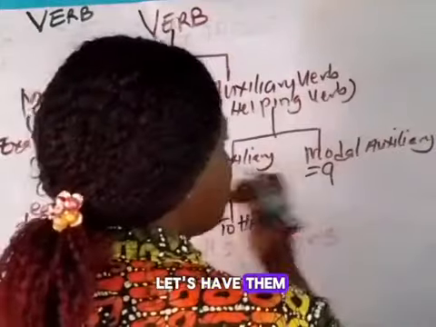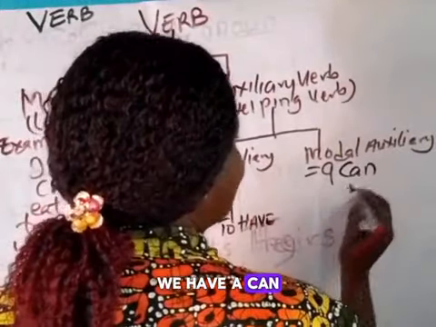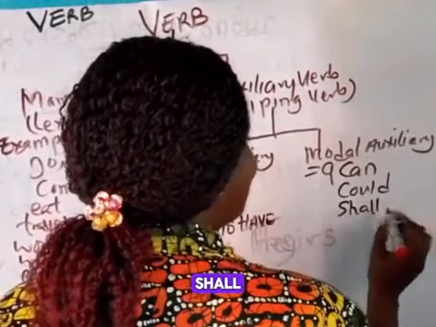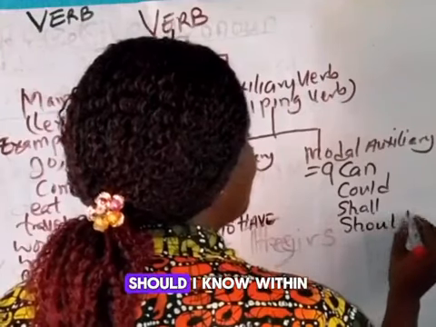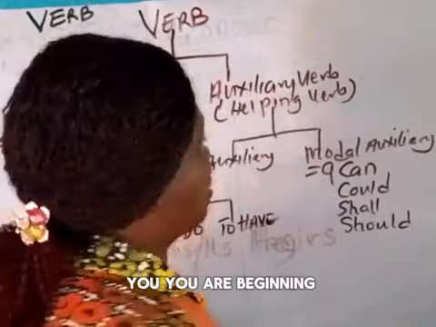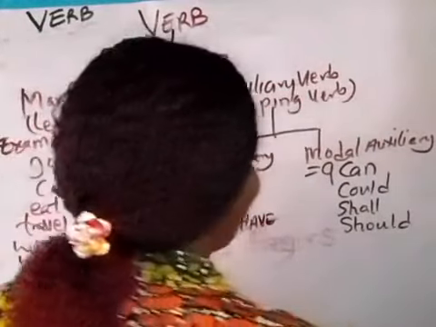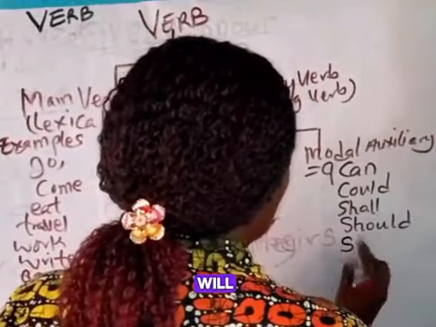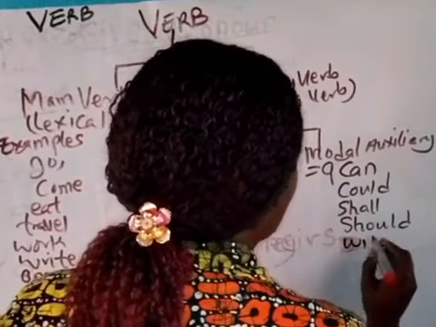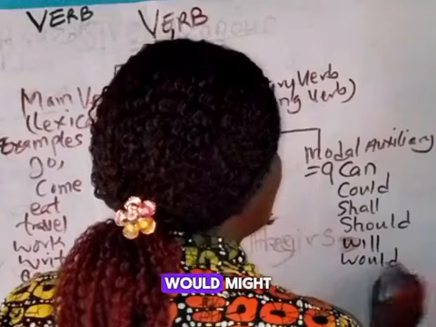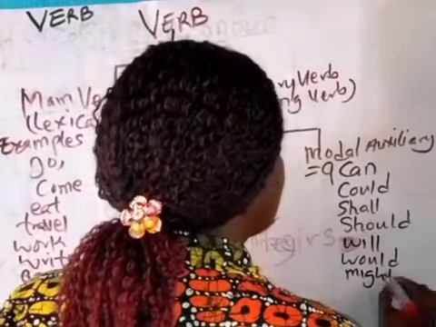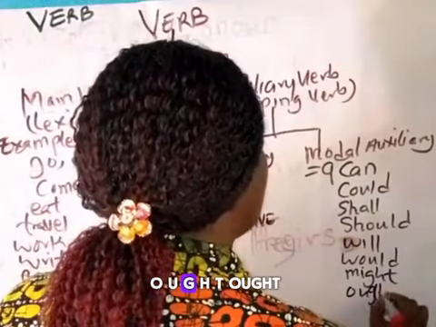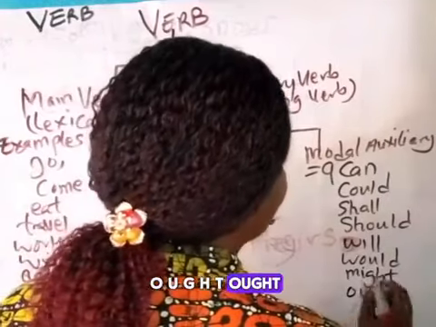Now let's have them. We have can, could, shall, should. So I know within you are beginning to think of 1 or 2. Shall, should, will, would, might, we have ought, O-U-G-H-T, ought.